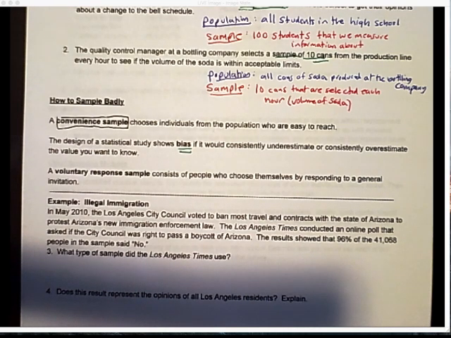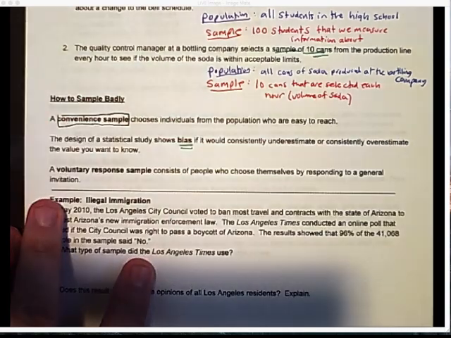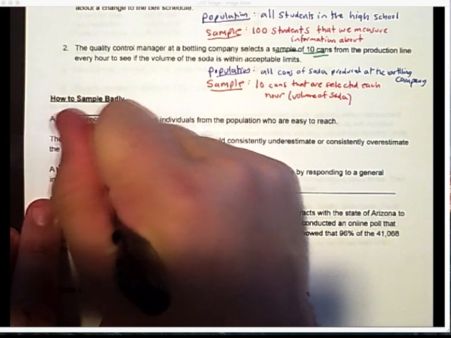Okay. And then another type of sample is called a voluntary response sample.